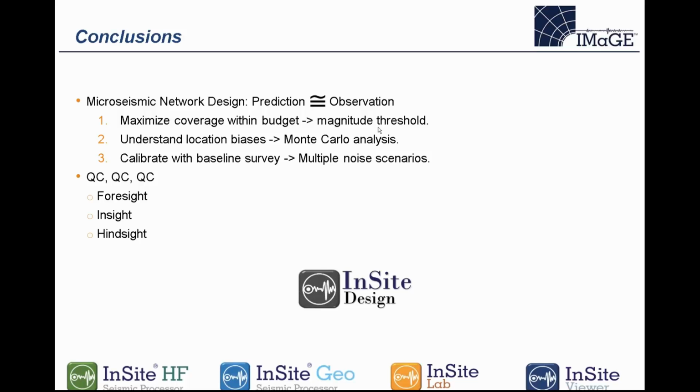One is a magnitude threshold to evaluate the coverage, another is multi-color analysis to understand the biases, and also try to get multiple noise scenarios by calibrating with the baseline survey. This is a very important quality control step, and I just want to emphasize that quality control is important not only before your project, but also during data processing, and after data processing when you want to evaluate the quality of your data.